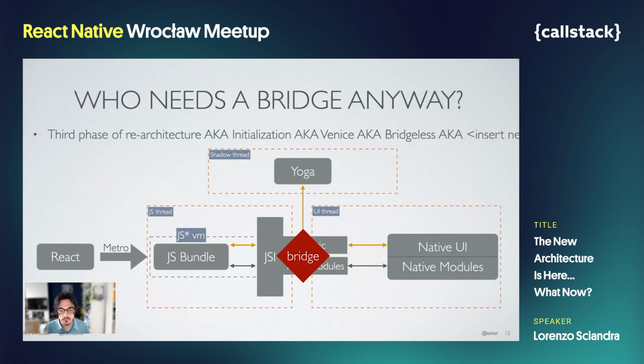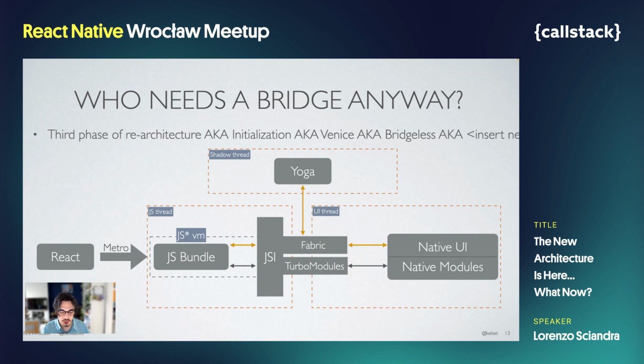Now, there's another step, which is kind of an extra step that will happen towards the end that has changed names so many different times. Currently, I think that the most meaningful name is bridgeless, and as the name implies, it's boom, basically make the bridge disappear. Why is this a separate step?